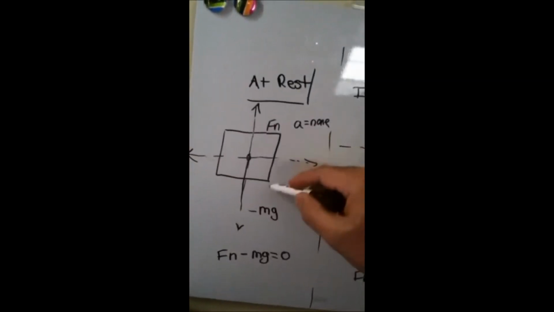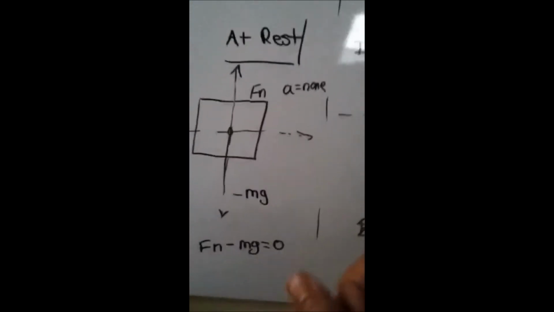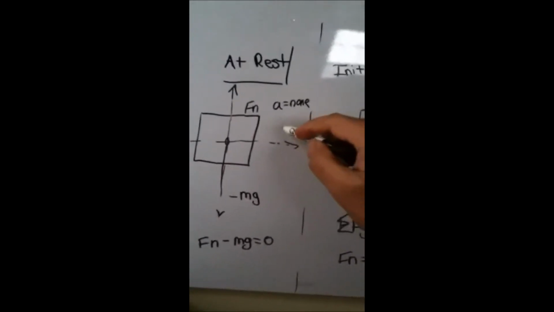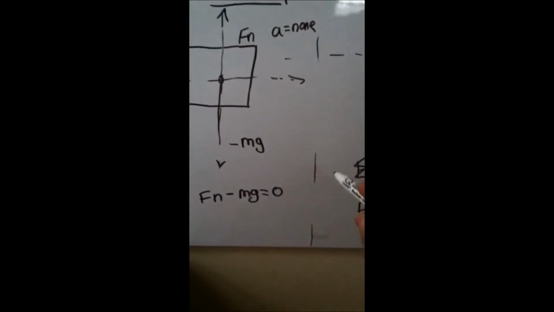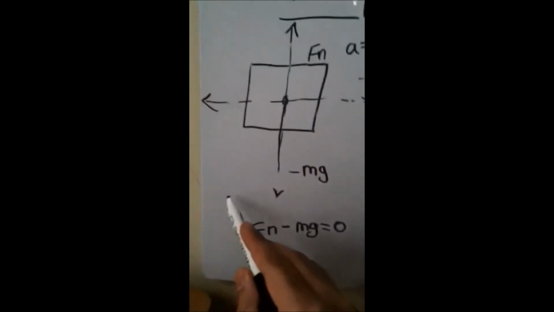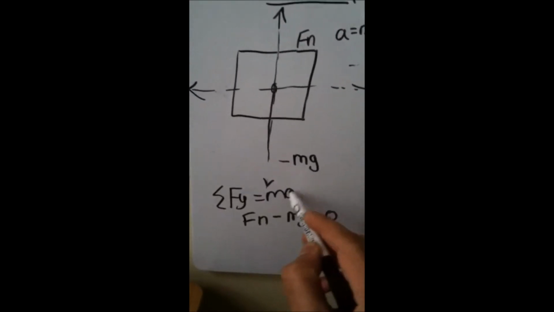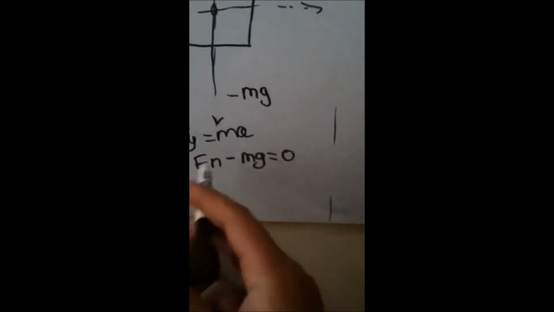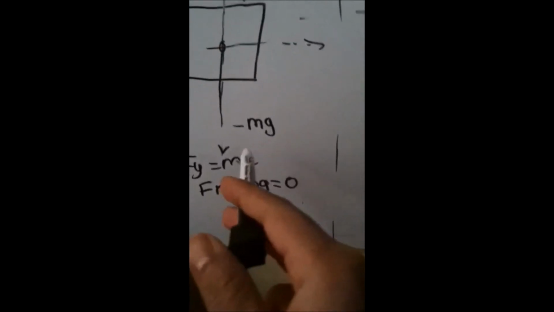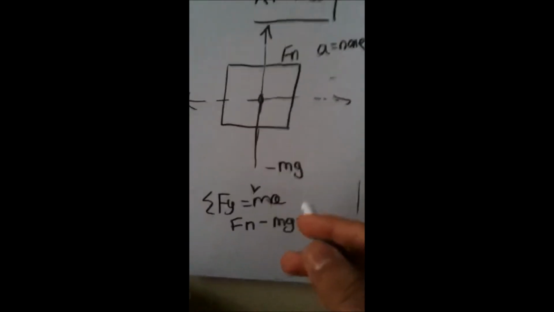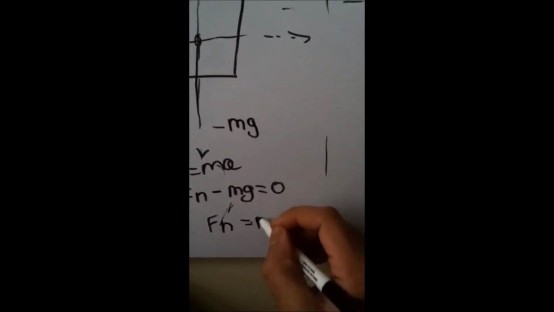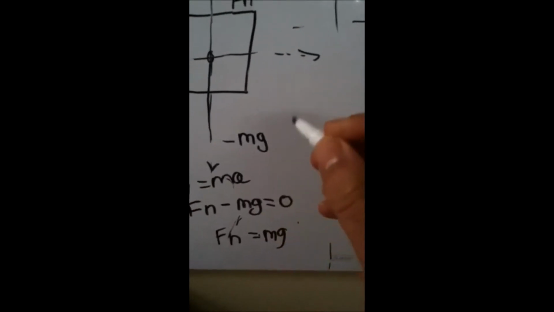So if you look at the free body diagram of the elevator at rest, there is no acceleration, therefore the sum of the y forces equals mass times acceleration, which is 0, and therefore you have Fn equal to mg, and it should be the same numerical value.